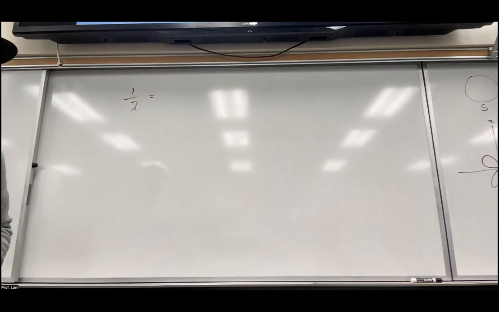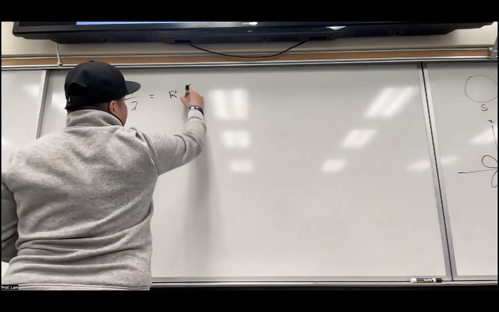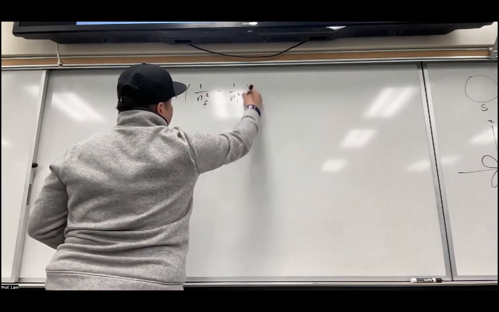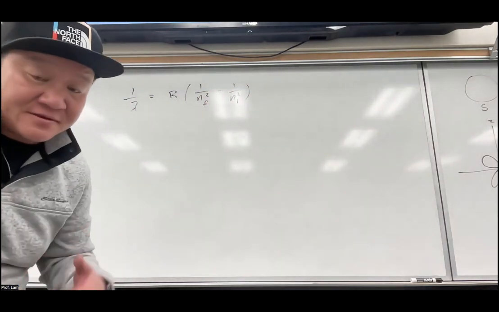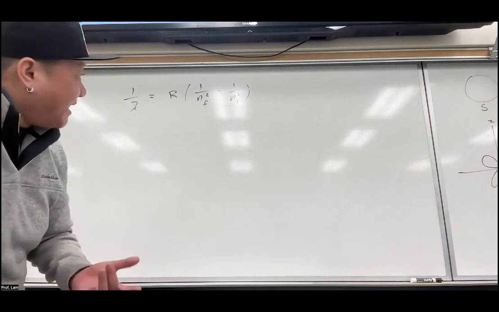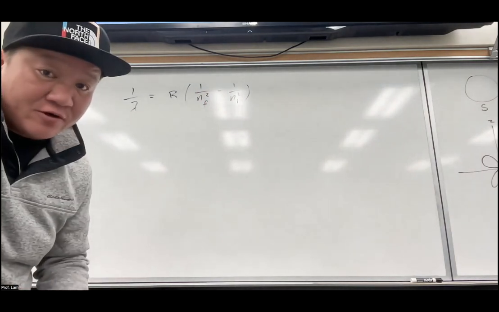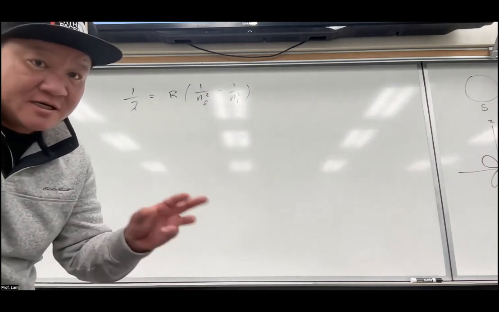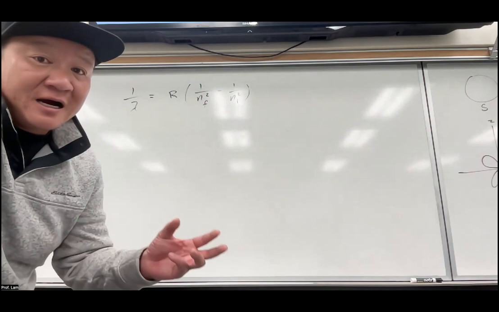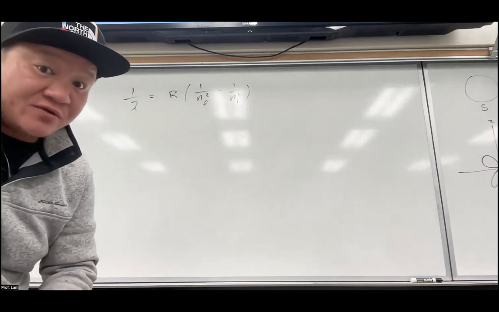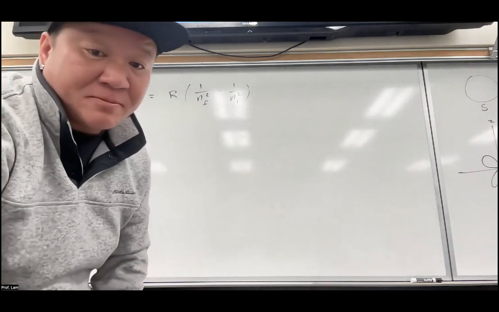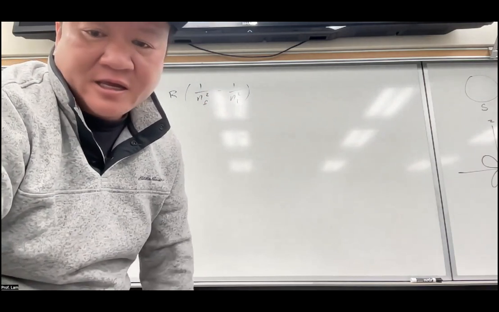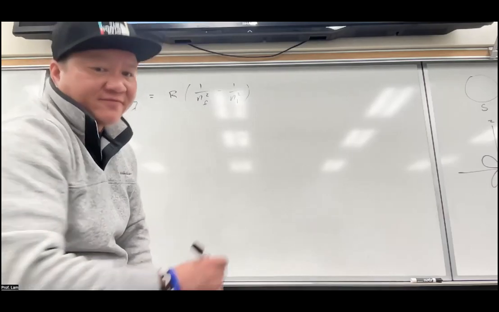Okay, so 1 over wavelength is equal to R times 1 over nf squared minus 1 over ni squared, where you can think of nf as the final energy level and ni as the initial energy level. Okay, so let's say the electron is falling from 6 back down to 2: 6 is initial and 2 is final. And then the Rydberg constant, I think this is on your conversion sheet, but check. If it's not, you are allowed to have this.